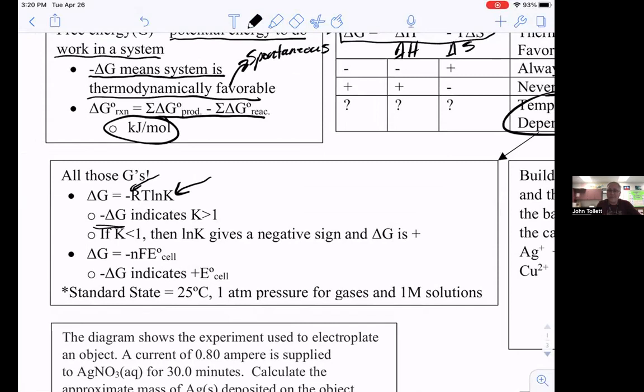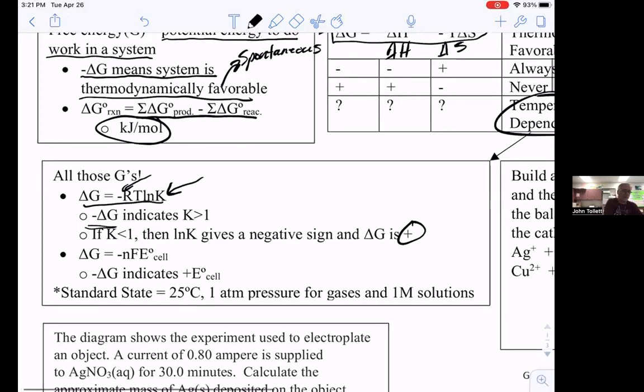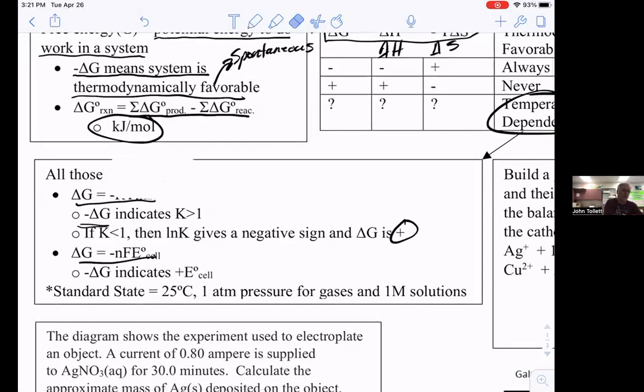If K is less than 1, then it's not favorable. You're going to have more reactants than products, so you're actually going to end up getting a positive delta G value. You can plug numbers in and solve using your Rat-link equation to see if that's the case. The same thing is true with your Nernst-type equation relating delta G and cell potential. Both of these equations are given to you on your formula chart.